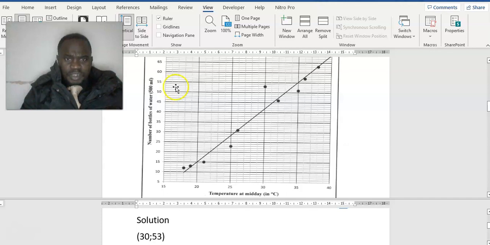The y value here is what? 53 because each is 1. From here to here is 5. Alright, so the y value here is 53. So the coordinates of the outlier is what? 30, 53. We are done with that one.